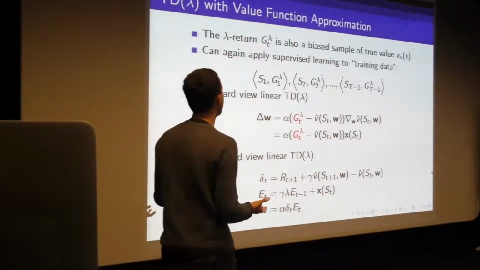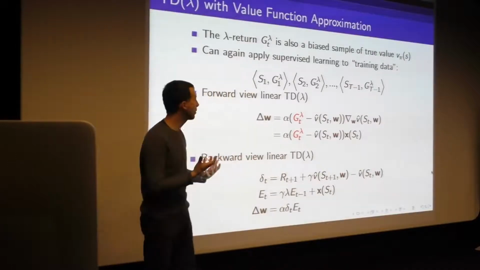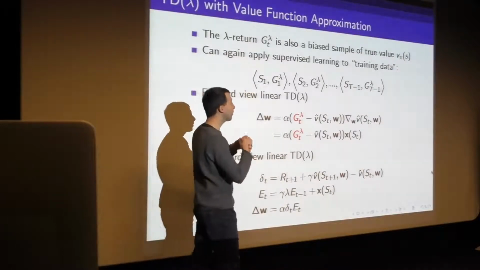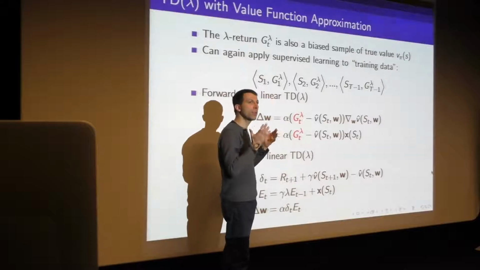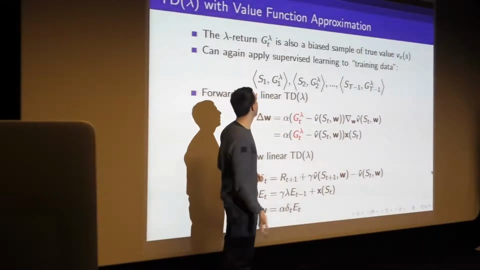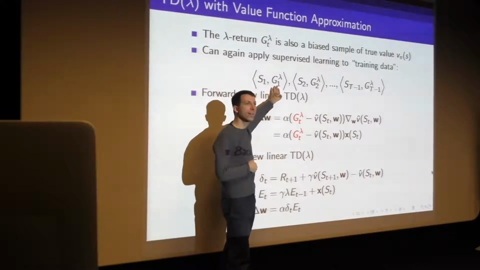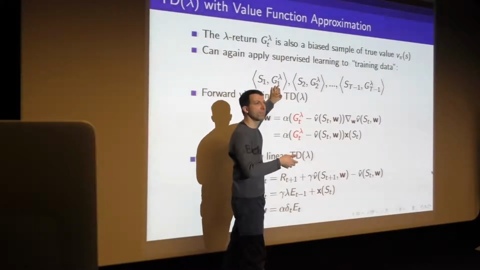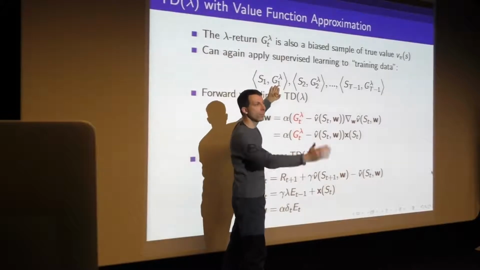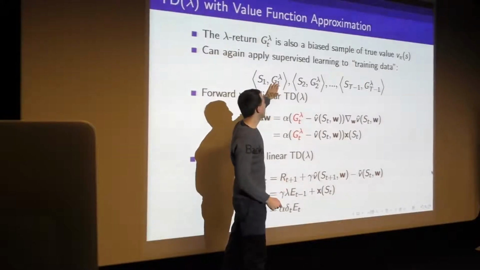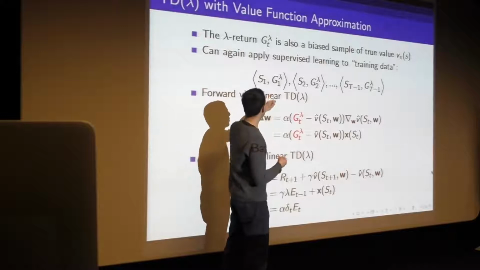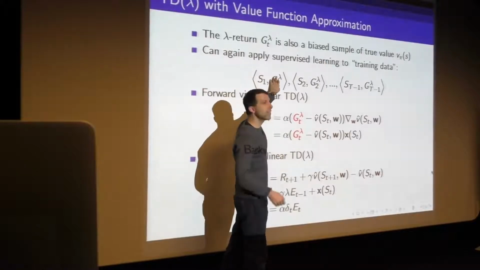And then finally, I won't dwell on this, we can do the same idea with TD lambda. The data that we're generating, again, we're still doing this online, but the association that we're making is each state we're associating with some lambda return now. The lambda return is this mixture of all your n-step returns. We're going to learn to fit our value function to these lambda returns.